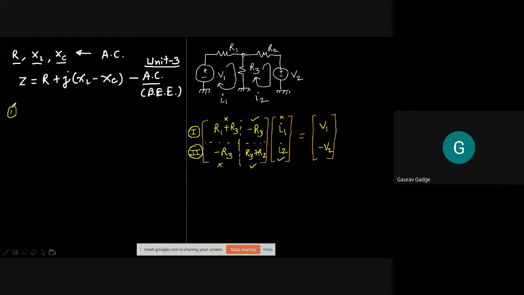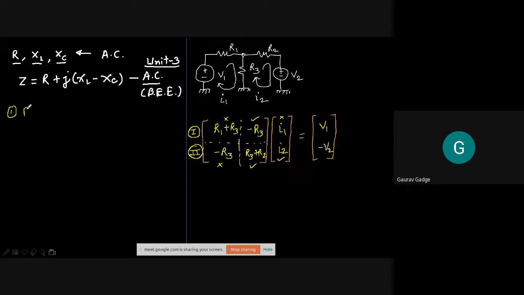If you are comfortable with this matrix formation for DC equations, I can assure that we can complete the AC numericals in today's class only. We don't need to go to the next class for the discussion on AC numericals. Okay, let us check that.